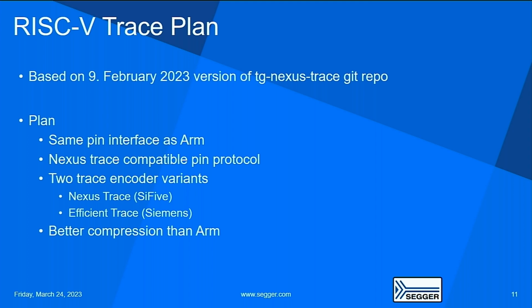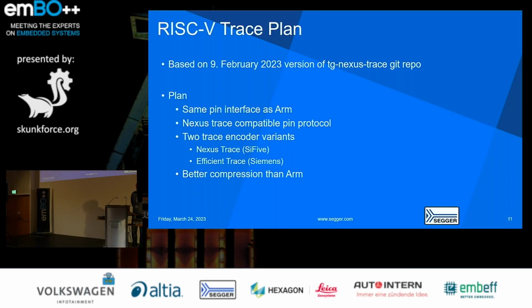Then they are implementing 2 different variants of trace encoders. Some of you may know SiFive. SiFive is essentially the umbrella corporation from the RISC-V Foundation, which is pushing the new features and implementing a lot of the open source stuff here. So they proposed the Nexus Trace encoder, but there was also Siemens. They were saying, okay, we like your Nexus Trace, but we want to do something called efficient trace, and we think it's better.